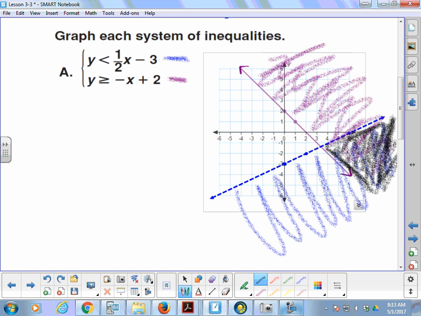So the answer to this system is an infinite number of solutions that are all in this region over here to the right of the graph. So we've got the 4 regions. We have the top, the bottom, the left, and the right. So in this case, it's the area to the right.